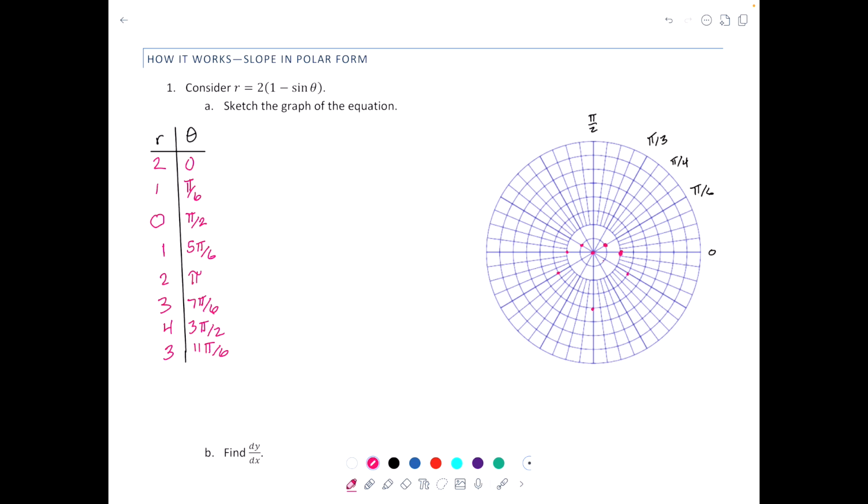So this is a limacon, and it looks like a heart. Isn't that cute? It's like uniformly continuous at its lower point here. And then it goes something like this.